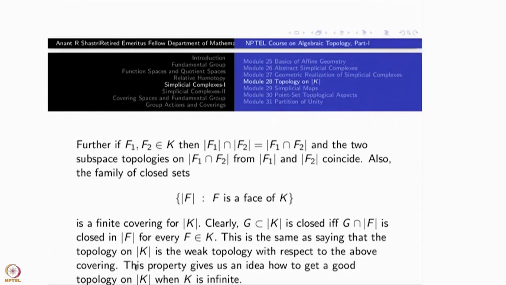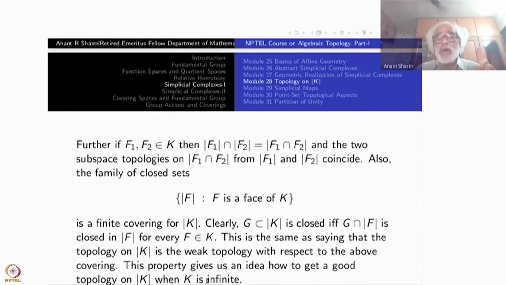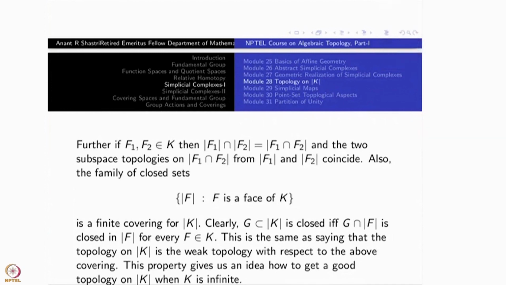If you have forgotten your point set topology, this property gives us an idea how to get a good topology on mod K when K is infinite. This property is going to be our guiding principle for defining a topology when K is infinite.